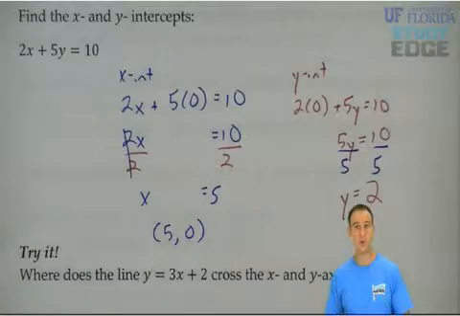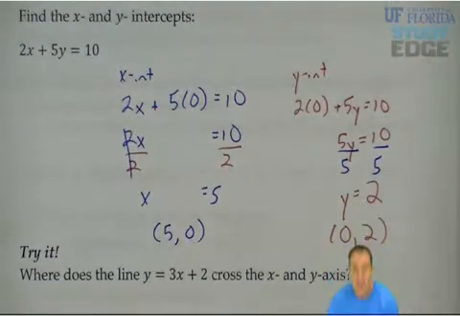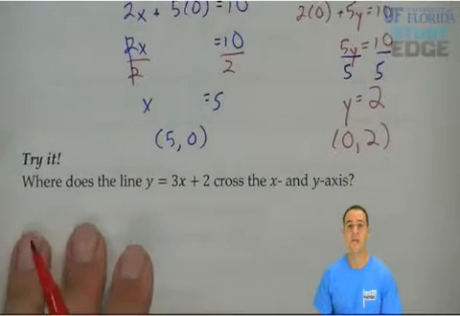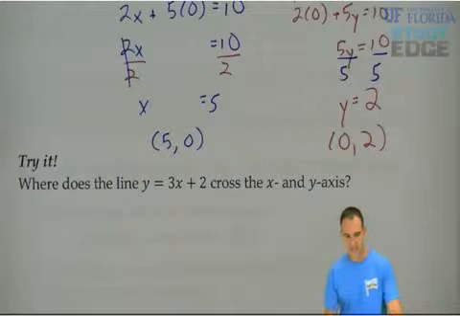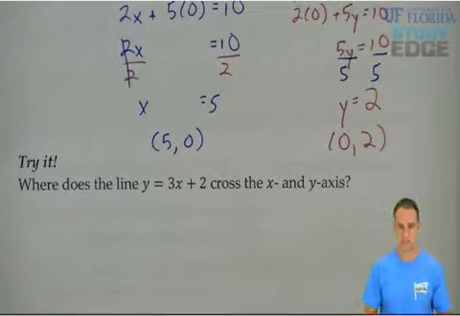But remember, the coordinate would be 0 comma 2, because for a y-intercept, x is going to be 0. So we have our two coordinates: the x-intercept is 5 comma 0, and the y-intercept is 0 comma 2.